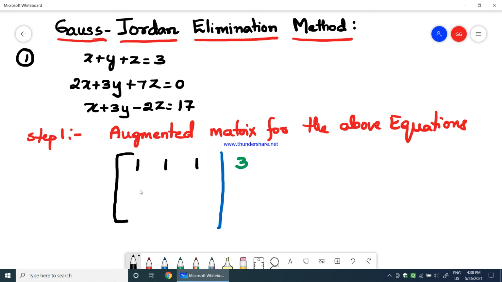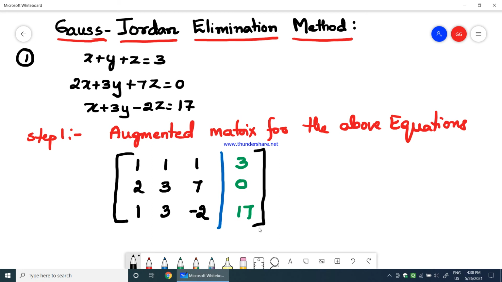Similarly, the coefficients are 2, 3 and 7, and the right side is 0. Similarly, 1, 3, minus 2, and the right hand side is 17. So this is the augmented matrix that we write for any given set of equations.